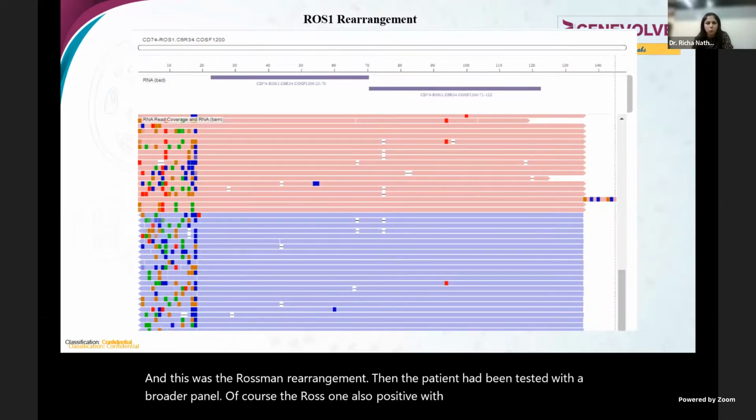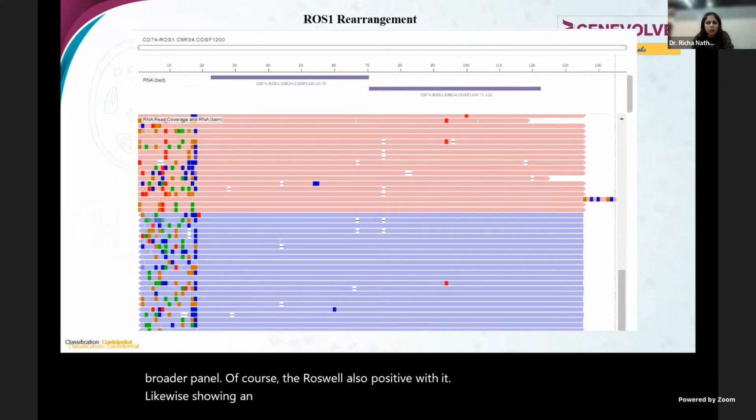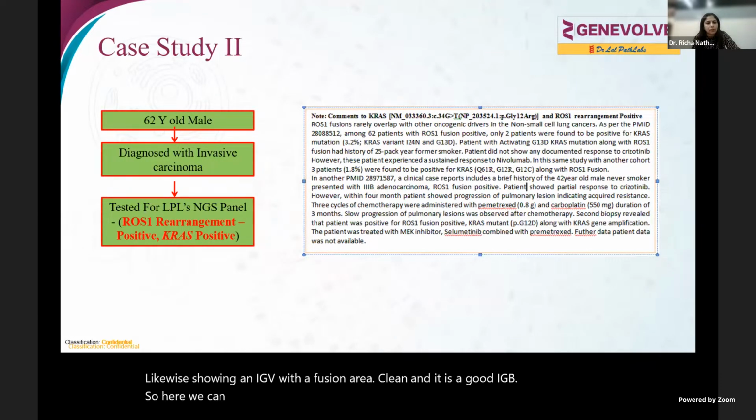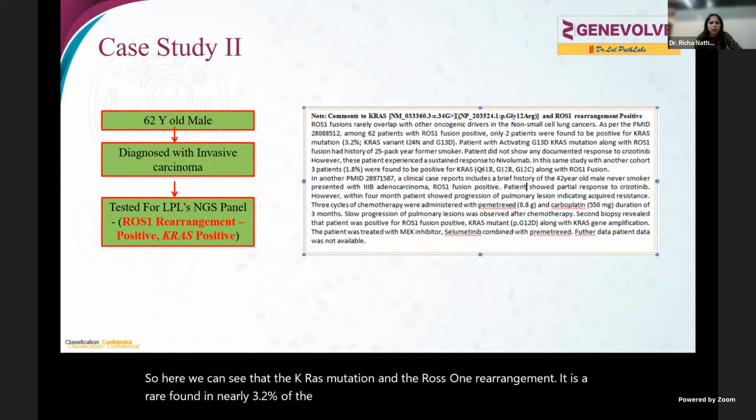Likewise, showing an IGV with a clean fusion area, and it is a good IGV. So here we can see that the KRAS mutation with ROS1 rearrangement is rare, found in nearly 3.2% of the cases. But yes, sometimes broader spectrum testing at the first step can help you decide the treatment well without wasting more time.